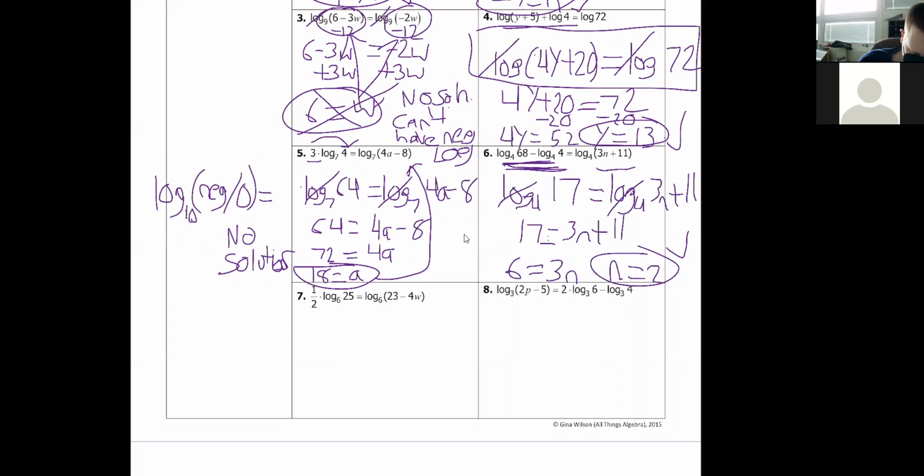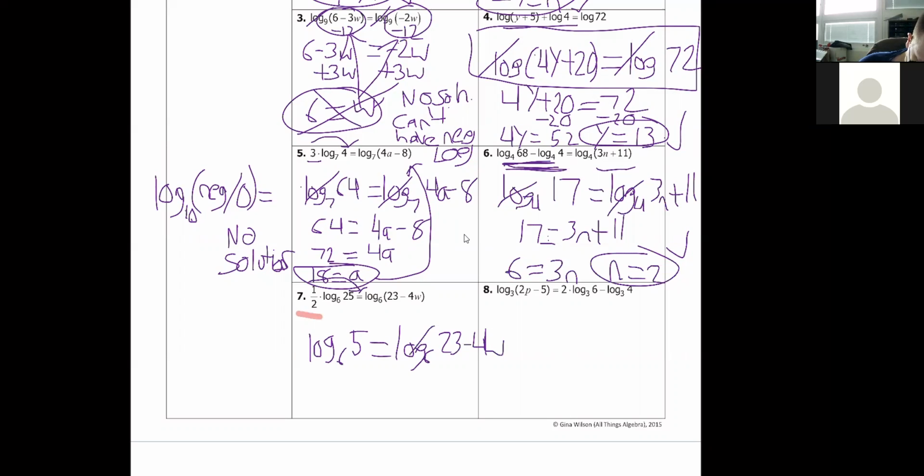For number 7, you want to deal with this number in front. Remember, you could take that as a power, so the 25 up to the 1/2. Remember, the 1/2 power is just a square root. So that would just be log base 6 of 5. There's nothing you really need to do on the right side.